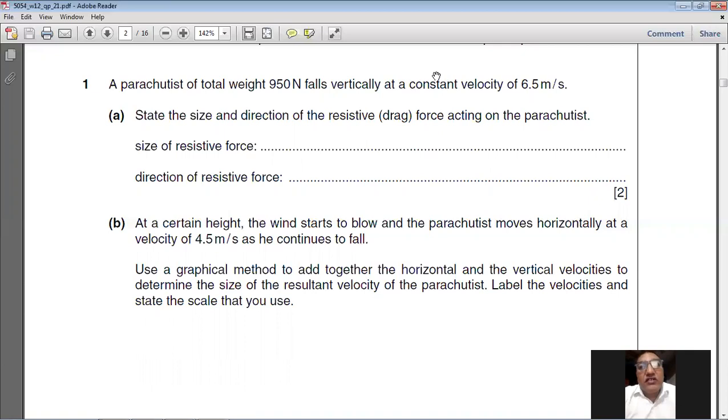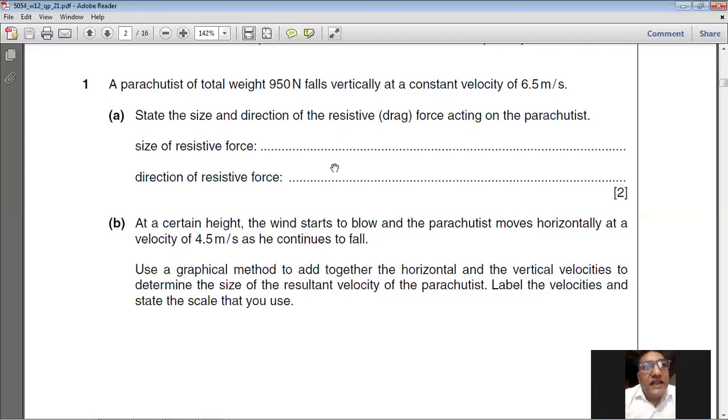The acceleration is zero, the resultant force is zero, and the downward force is the weight of the body, and the upward force is the air resistance. So in this situation, the air resistance will be equal to the weight of the body. So the size of the resistive force will be 950 Newton. So here we will write 950 Newton.